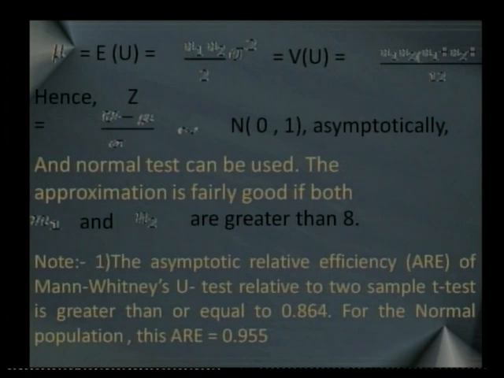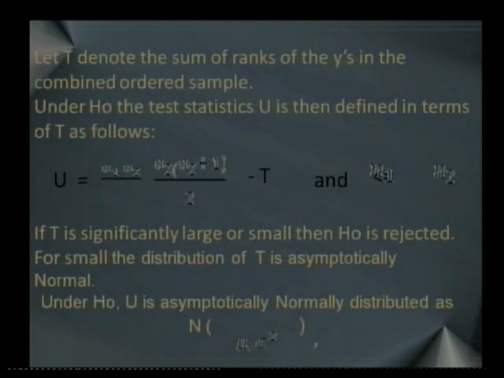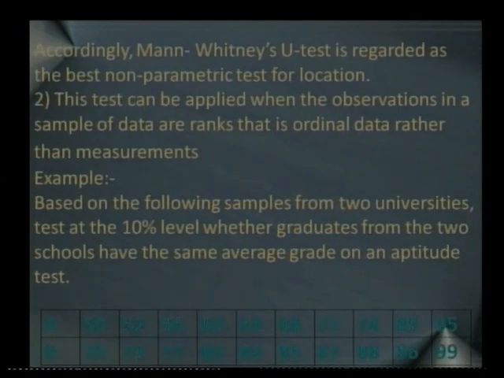You would know that for the normal distribution, this is called the ARE, and it is 0.955. Let T denote the sum of the ranks of the Y's in the combined ordered sample, and under H0 the test statistic U is defined in terms of T as follows. We will calculate U, and here also n1 is less than n2, and the same will hold.